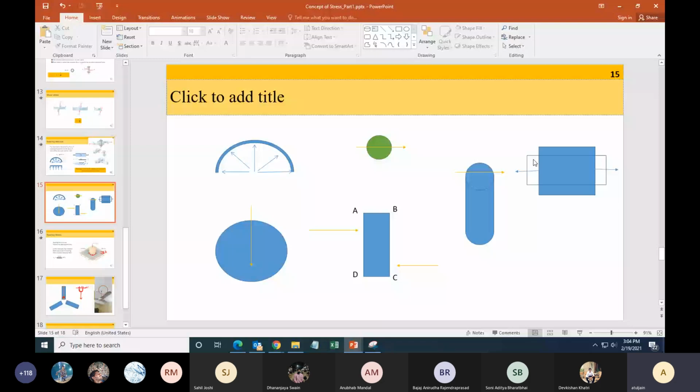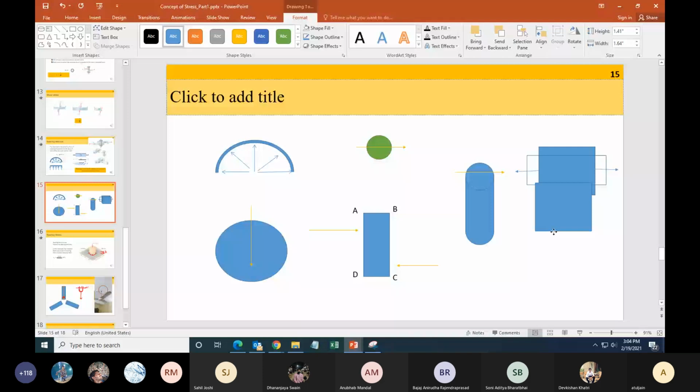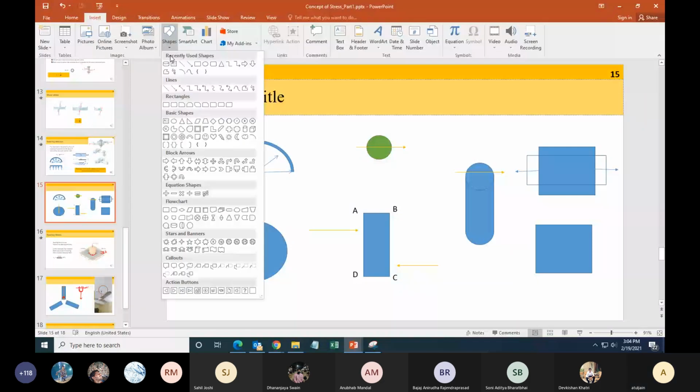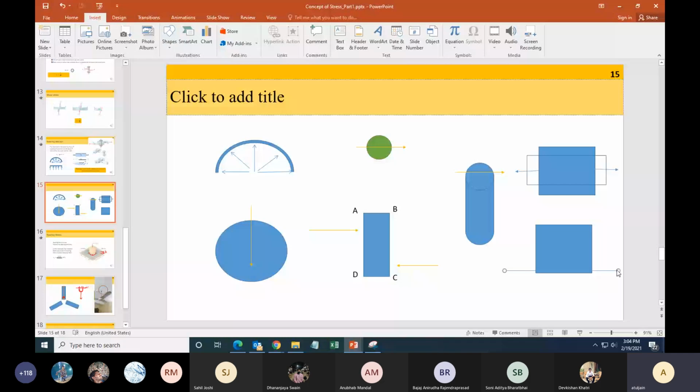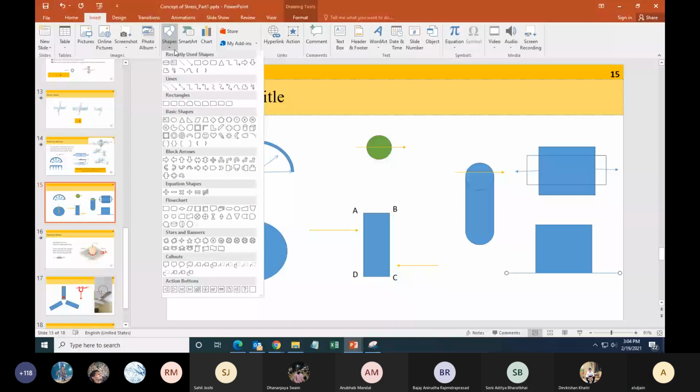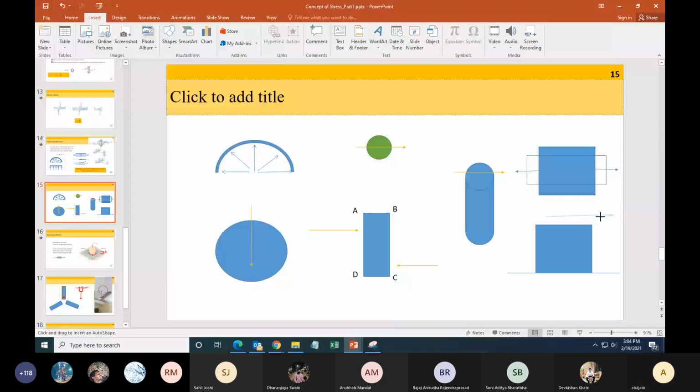Now let us look at another example. This time, let's think that one end of the body is joined to the ground. It is attached to the ground and I am applying force like this, and I'm applying force like this. So what is likely to happen?